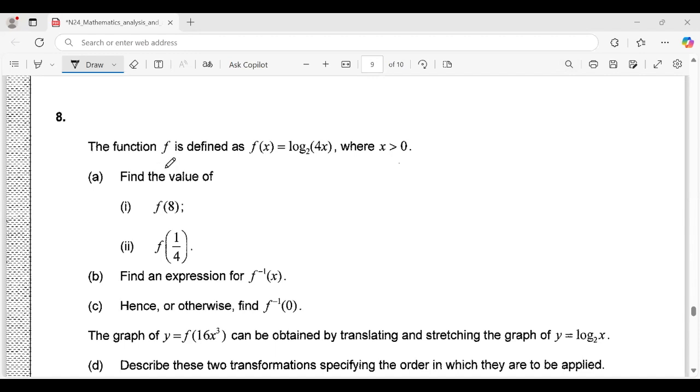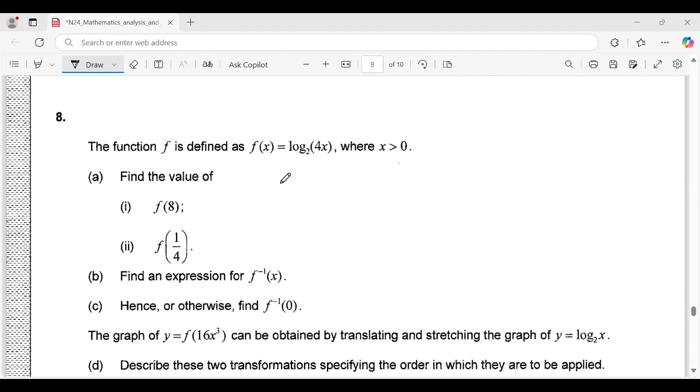Number 8, the function f is defined as fx equals log 2 of 4x, where x is greater than 0. Find the value of f8 and f1/4.